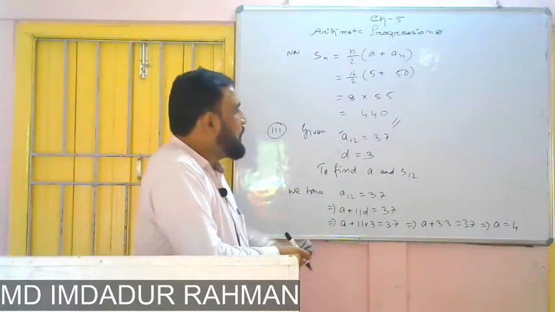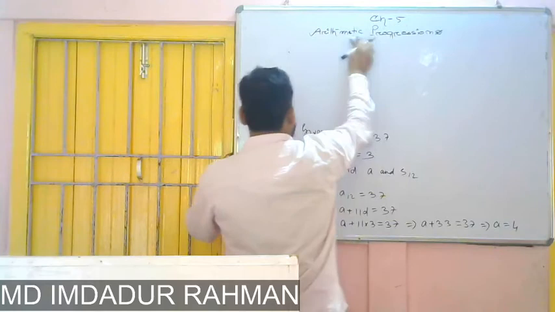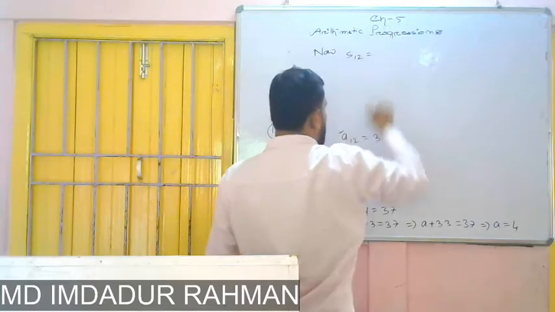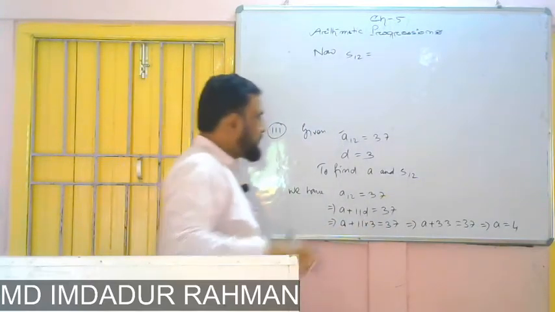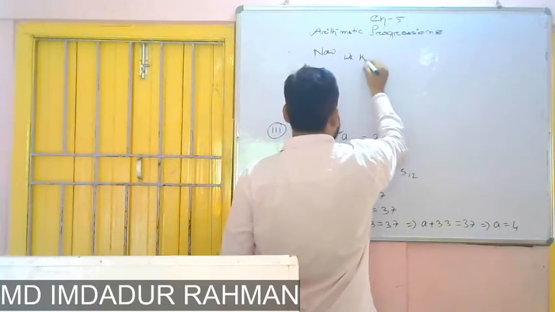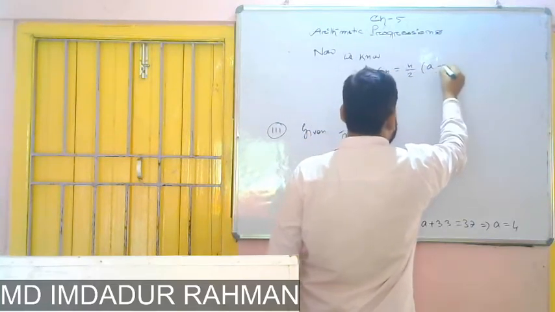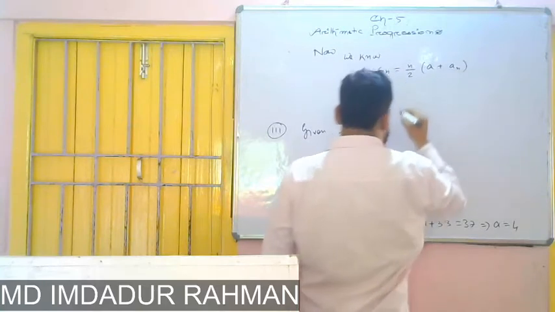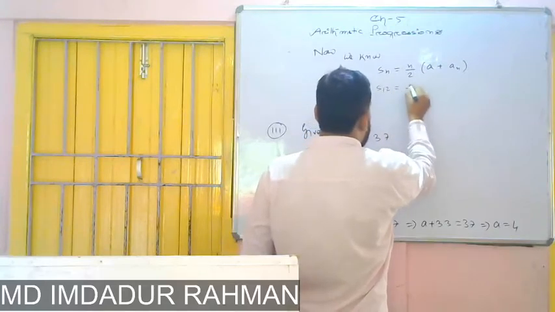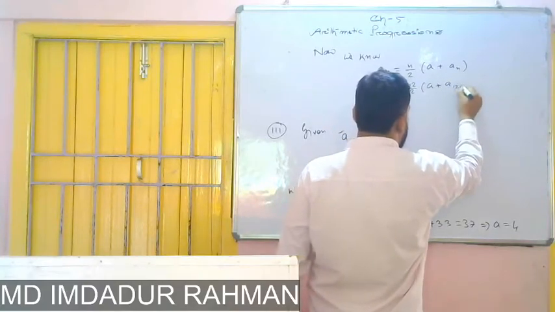Using the value of A, we can find out S12. Now S12 is equal to, now we know Sn is equal to n by 2 into A plus An. Therefore S12 is equal to, in place of n there will be 12 by 2 into A plus A12.